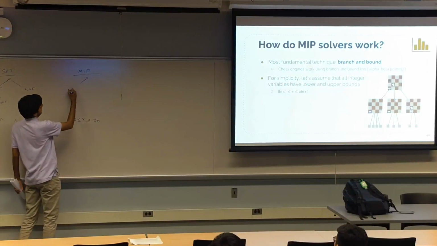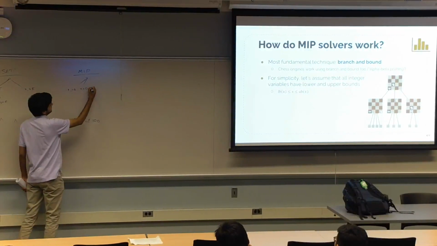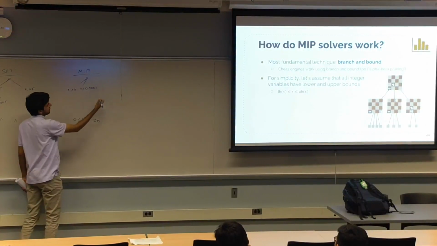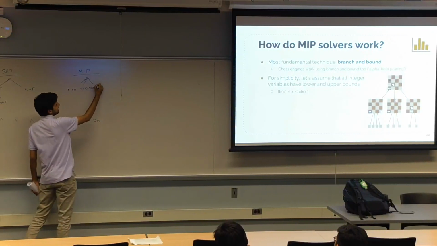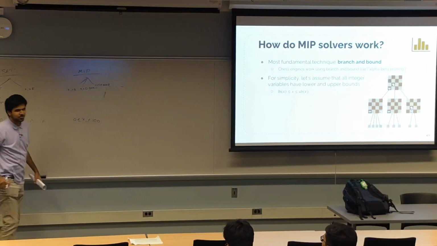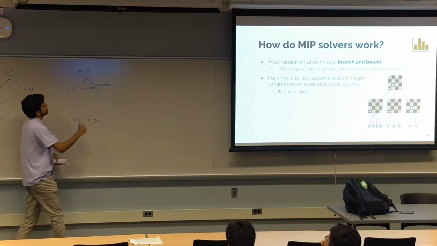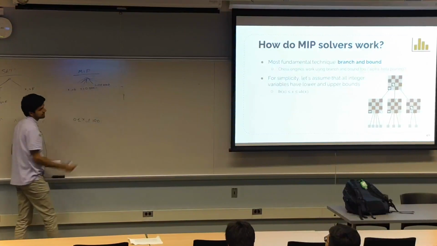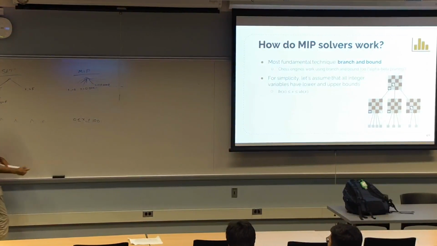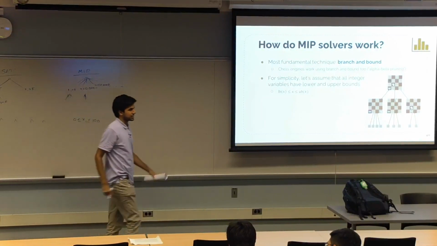Now it's like x1 equals 0, x1 equals 0.0001, and so on. This is mixed integer programming, so some of our variables could be integers, not all of them. If this is not an integer, this is a pretty massive branching factor right there. And then we would build a larger and larger tree. Seems pretty impractical.